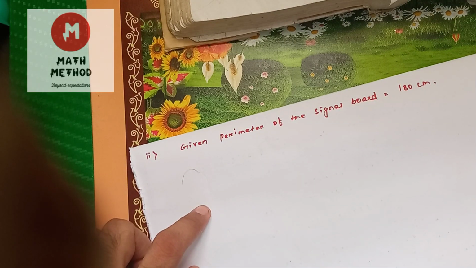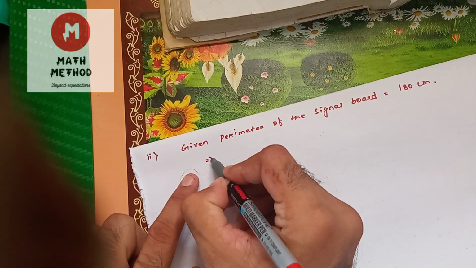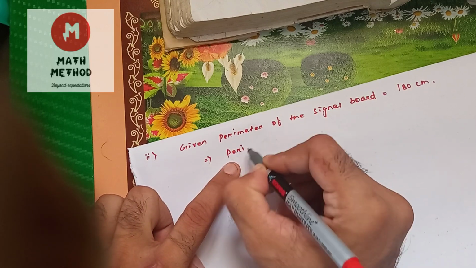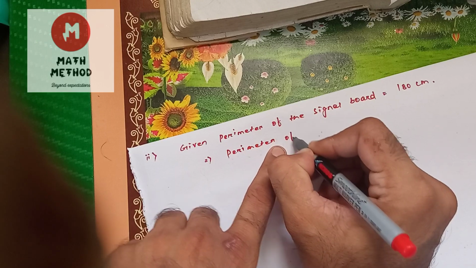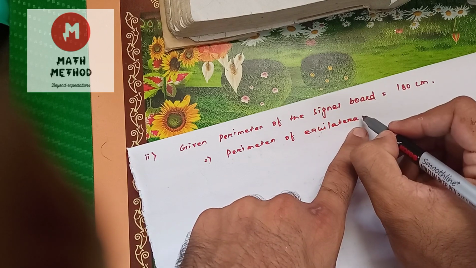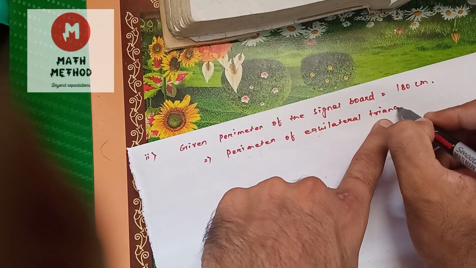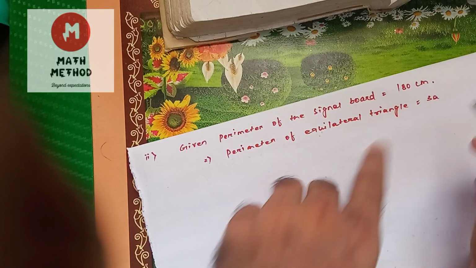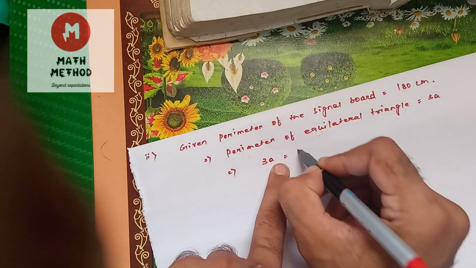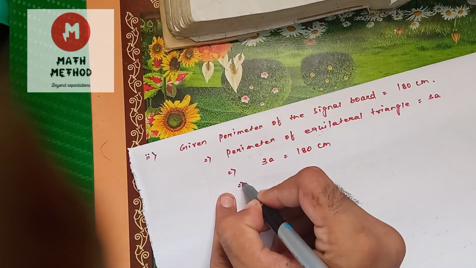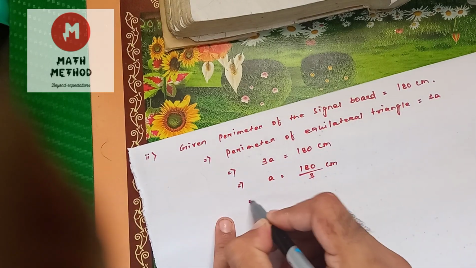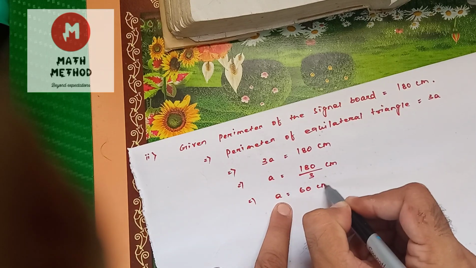Therefore semi perimeter s: perimeter of an equilateral triangle is equal to 3a, that is 3 into equal sides, so 3a is equal to 180, which implies a is equal to 180 divided by 3, so a is equal to 60 centimeter.